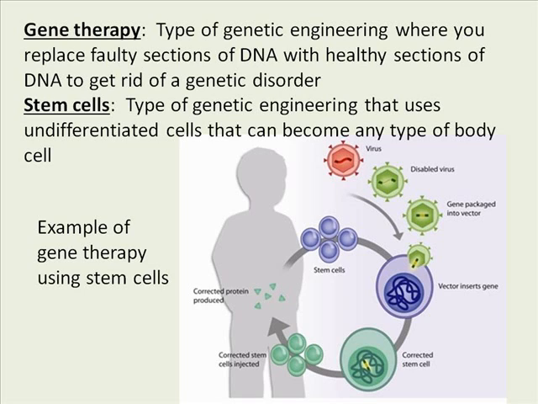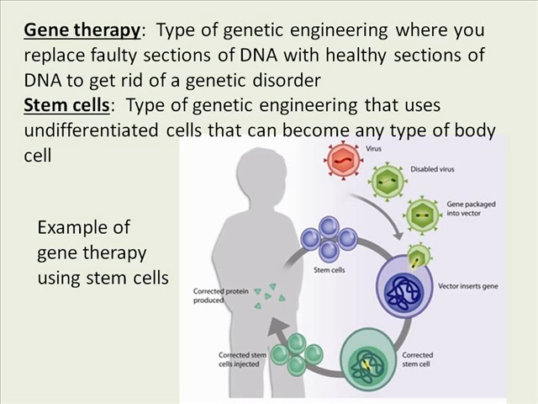The use of stem cells is a type of genetic engineering that is using cells from early on in development, which are called undifferentiated. That means that these cells don't have a final destination yet. They are not set to become an eye cell or a heart cell or a liver cell yet.